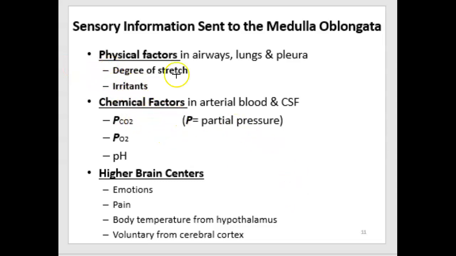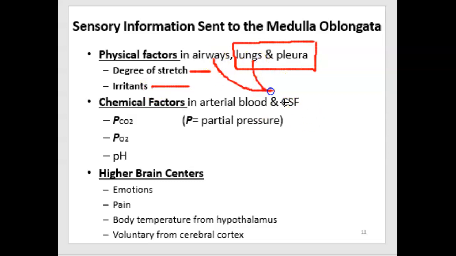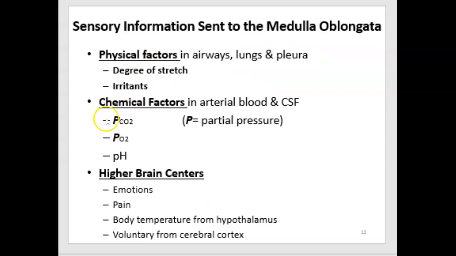So the two physical factors that we will look at will be the degree of stretch primarily in the lungs and the pleural membranes, and irritants that might exist in the lungs or in the airway. These might be physical objects like mucus, or I guess it could be something a little bit more serious like a bacteria, or you've inhaled something, like dust or whatever. Then there are chemical factors, and these chemical factors are innate to our homeostasis.